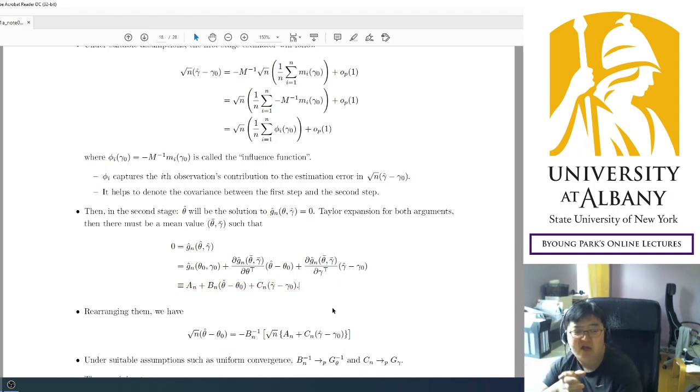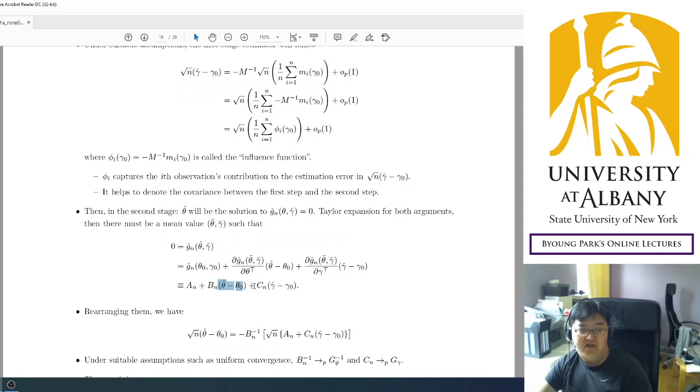But another thing you have to keep in mind is we are only interested in this term. So theta hat minus theta 0 is what we want, but gamma hat minus gamma 0 is not what we want. So we are not interested in gamma 0. And also, actually, gamma hat minus gamma 0 is already known. We derived its asymptotic distribution like this.